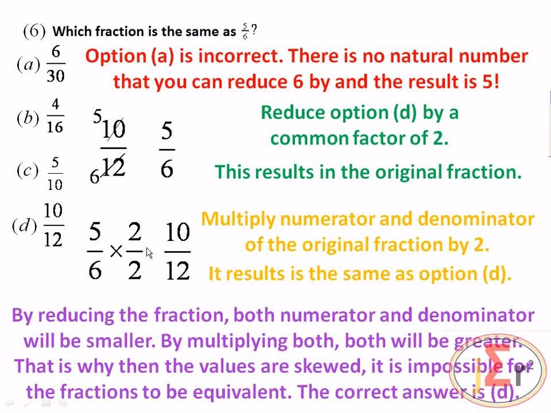It is that either both will be smaller or both will be larger. So if we have the numerator larger and the denominator smaller, then we know that that cannot possibly be an answer for equivalent fractions.